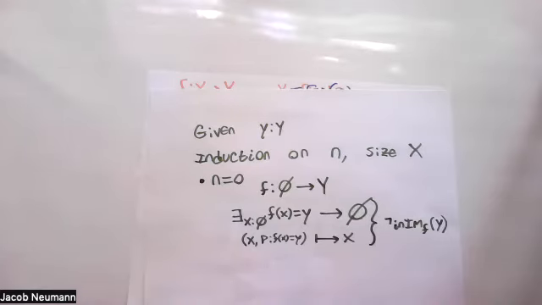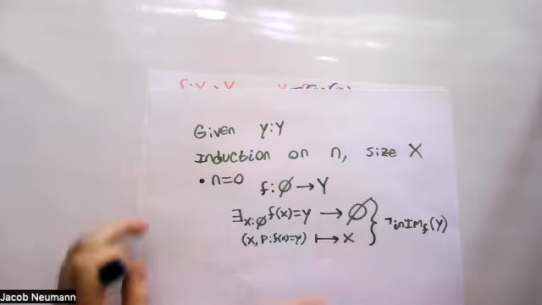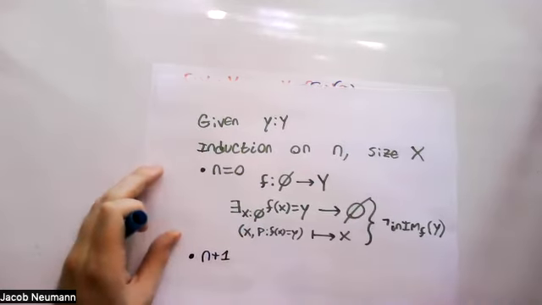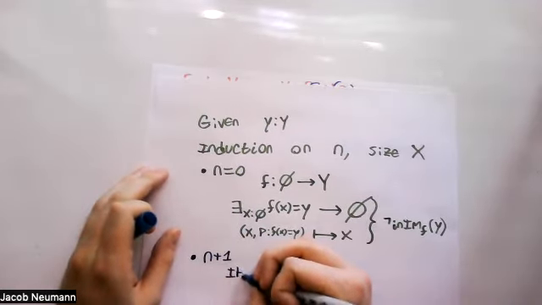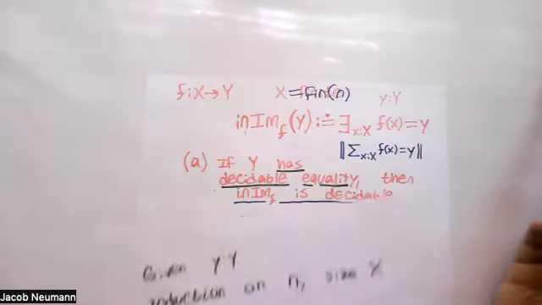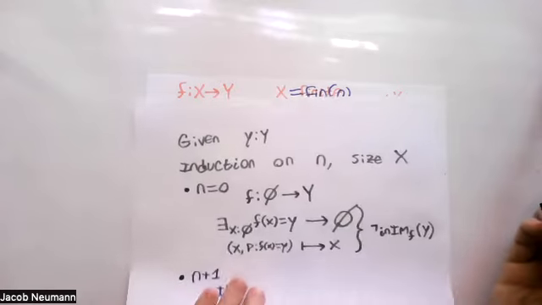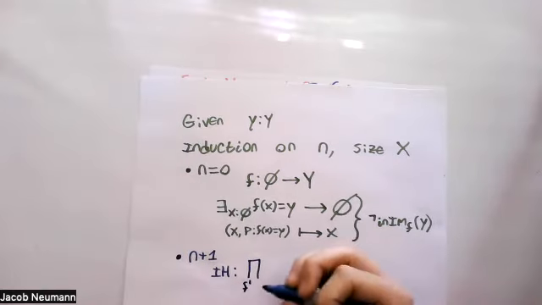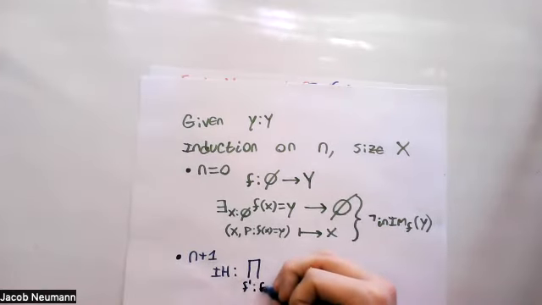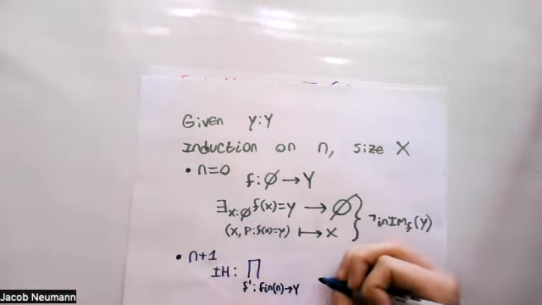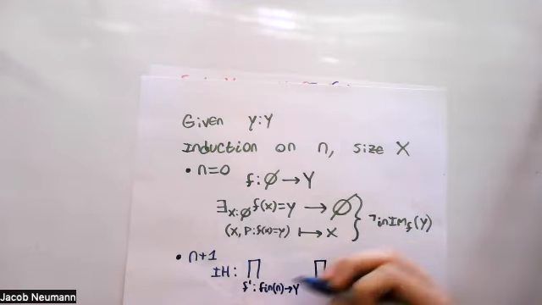So inductively, we're going to assume that. Now we're going to do the n+1 case. So our inductive hypothesis says that for any f prime from fin n into y, we have the inverse image of f prime to be decidable.